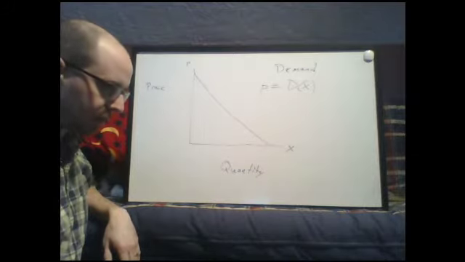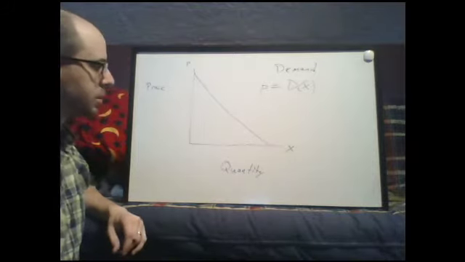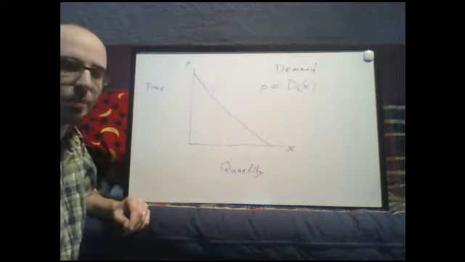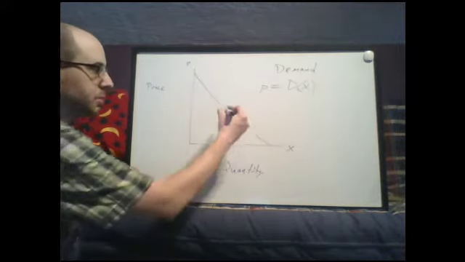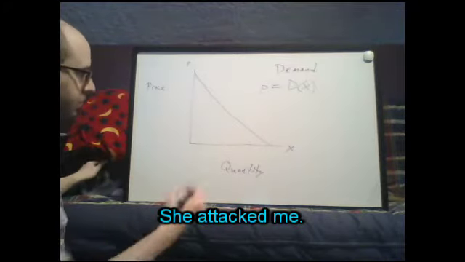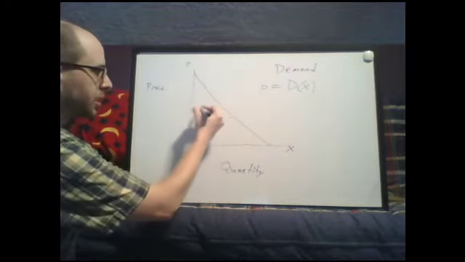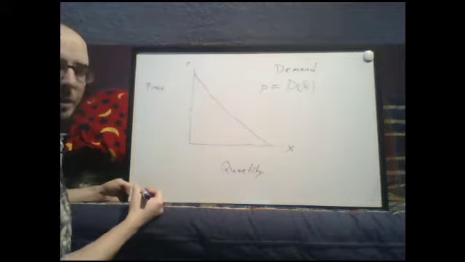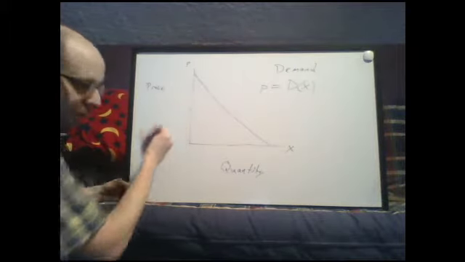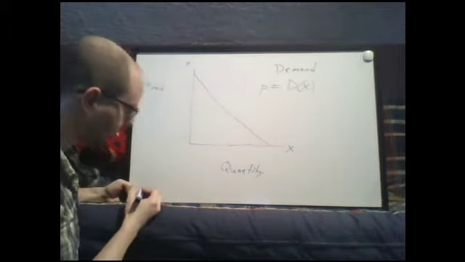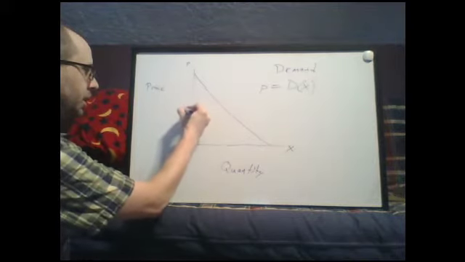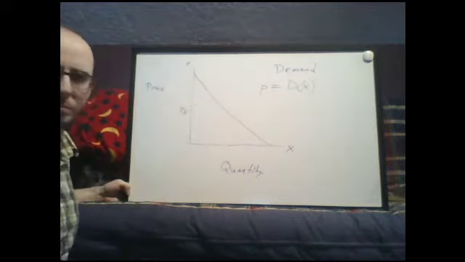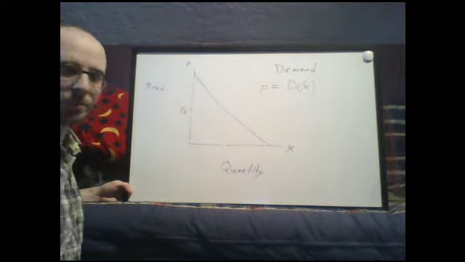And for now, I'm going to get into the supply curve in a second, but for now, let's just say that we actually set the price at some P here. Let's call it P sub E. That's going to be equilibrium eventually.